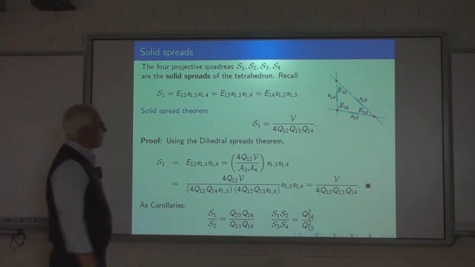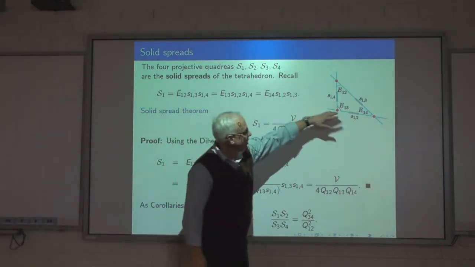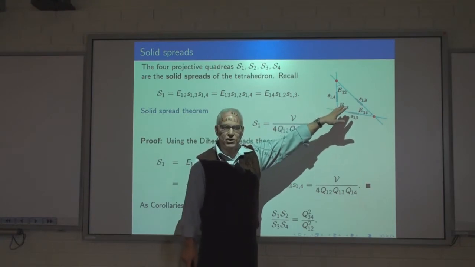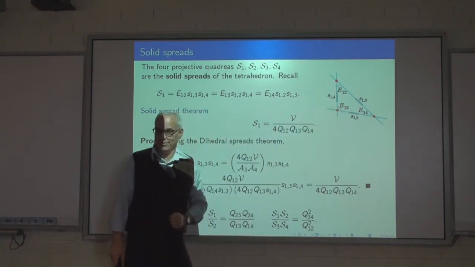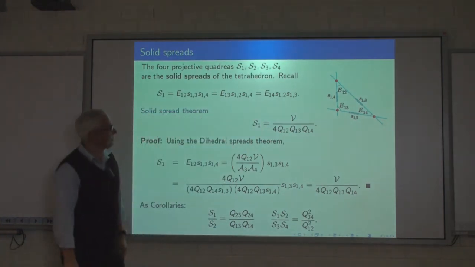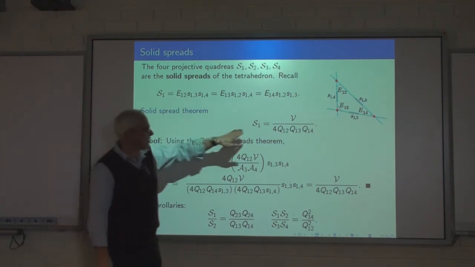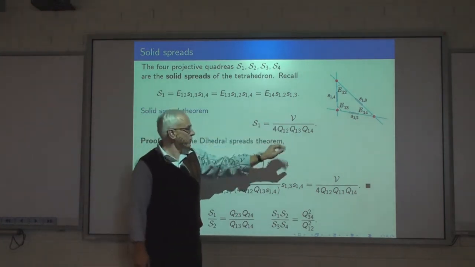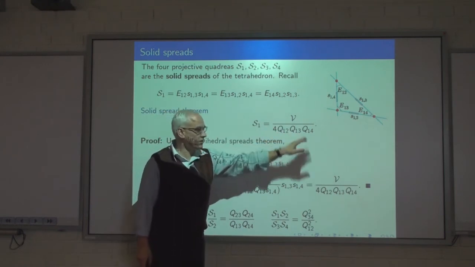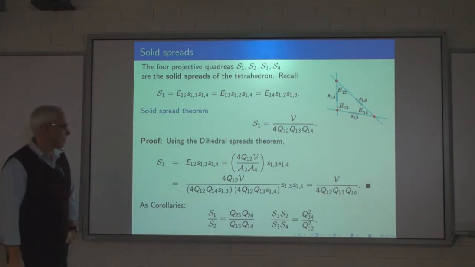So you may recall that when we were talking about projective triangles, I also mentioned this projective notion of quadrea, and I called it S. And it had a formula like this. Well, since we have a formula for E12, we can now prove this solid spread theorem, that S1 is the quadroon divided by 4 times the product of the quadrances emanating from that vertex.